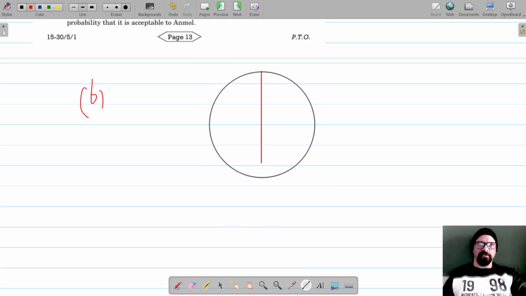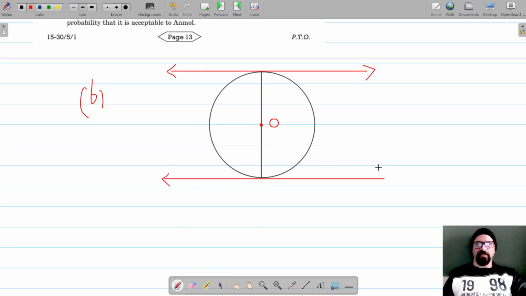Let this be the diameter, and this is center O. These are the tangents. Let these tangents be XY and X dash Y dash. This tangent is XY and this tangent is X dash Y dash, and let the points of contact be A and B.